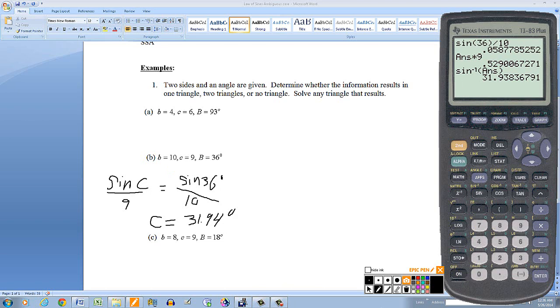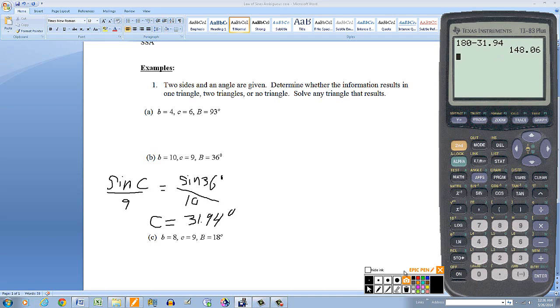So what we do then is take 180 and subtract 31.94. Okay, and we get 148.06.